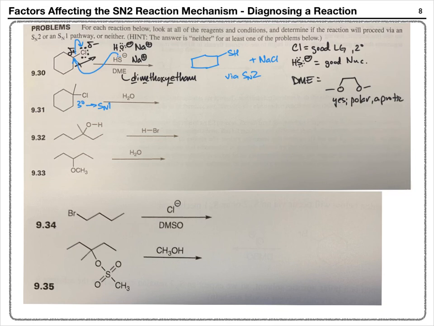Water is polar, but what's another reason why? When we're only given this, we don't have a separate nucleophile listed, so the nucleophile and the solvent are the same. How is water different than what we saw up here, where this actually contained the nucleophile? Water is your nucleophile and your solvent.